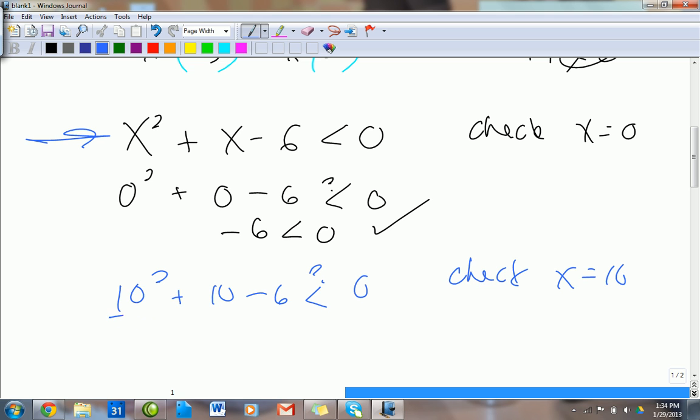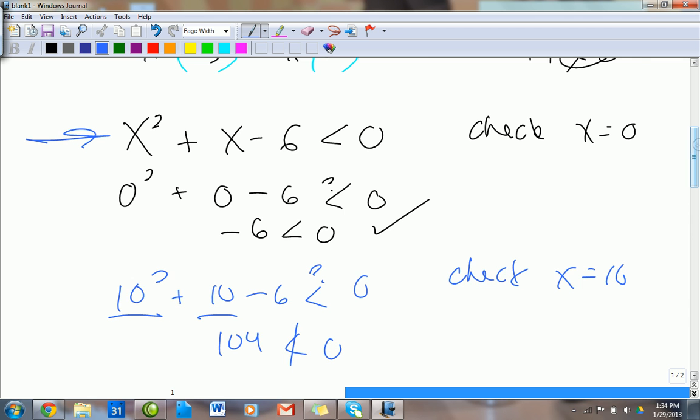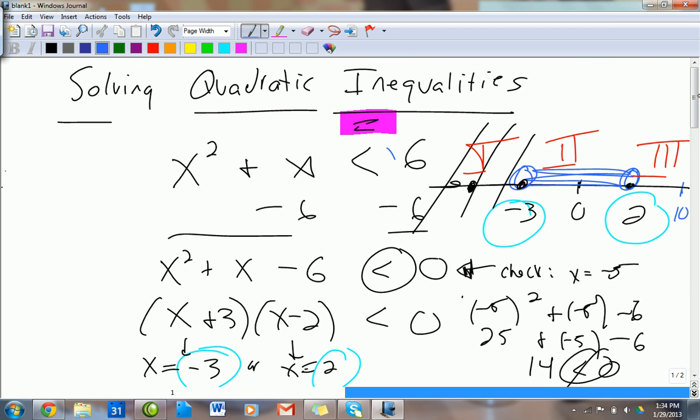Of course it's not, because 100 plus 10 is 110, minus 6 is 104. That's not going to make it. So 10 doesn't work, which means no number after 2 will work. Region 3 didn't work, so the solution set is interval number 2.